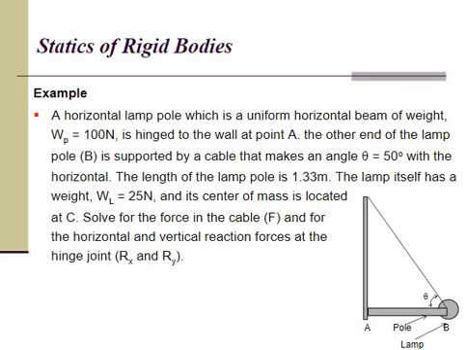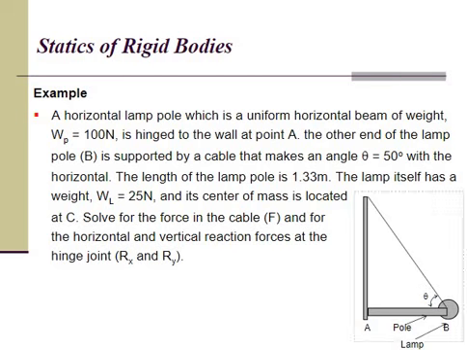You need to understand that since it's hinged at point A to the wall, this means that rotation can occur here. At the other end of the pole, point B, it is supported by a cable.